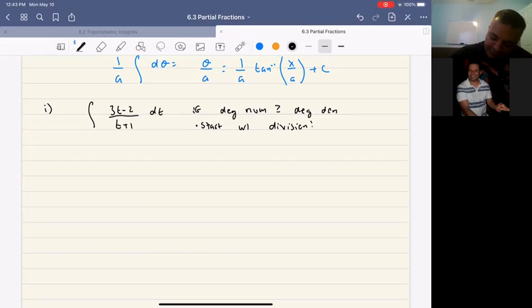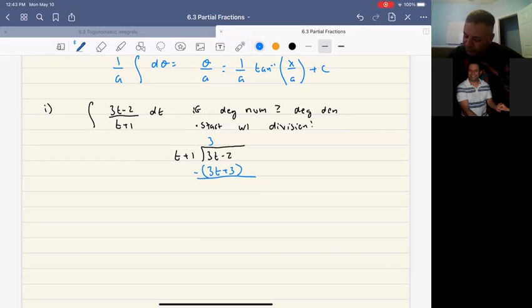So we take 3t minus 2 divided by t plus 1. 3t divided by t is 3. 3t plus 3, subtract, and negative 2 minus 3 is negative 5.